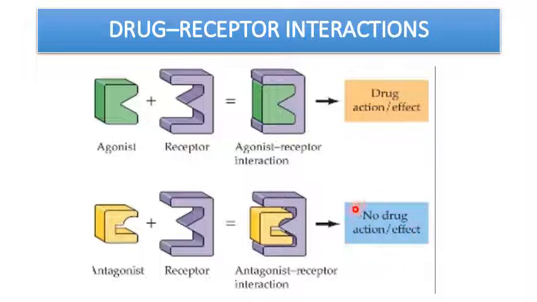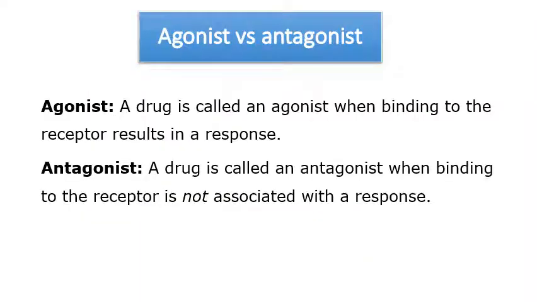As a result, binding of the antagonist to the receptor will prevent the activation of the receptor and will prevent the propagation of the pharmacological response. Agonist versus antagonist. A drug is called an agonist when binding to the receptor results in a response. A drug is called an antagonist when binding to the receptor is not associated with a response.